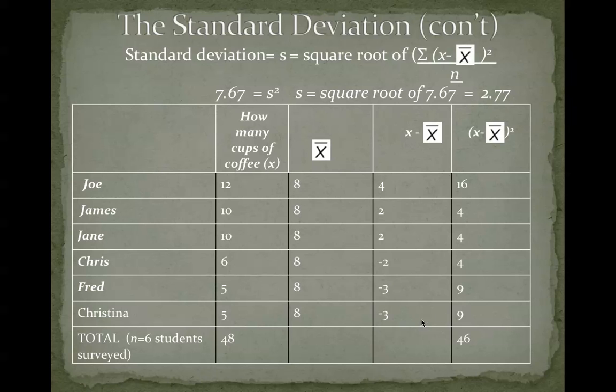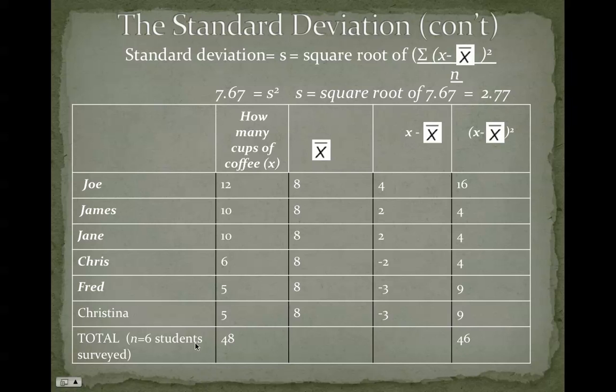Computationally, nothing has changed for the standard deviation table. It's the same as the variance table. Again, we have the x bar column, x minus x bar, which is this column minus this column, and x minus x bar squared, which is this column squared. To get the variance, we take the sum of this value, which is 46, and divide it by the sample size, which is 6.